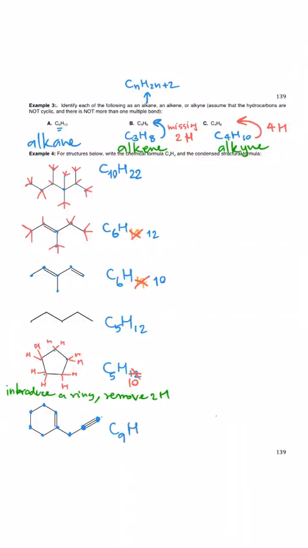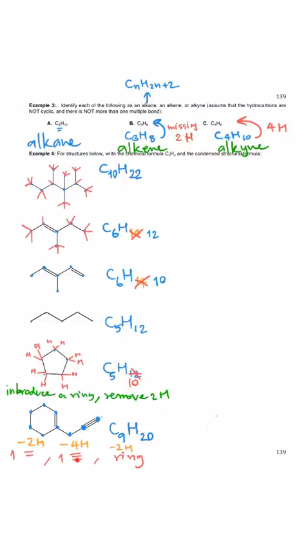How many hydrogens then? Let's treat this as an alkane before we remove hydrogens. If this were an alkane, it would be C9H, 9 times 2 is 18, 18 plus 2 is 20. It would be C9H20. But this is not going to be C9H20 because we have a double bond, a triple bond, and a ring structure. Every time a double bond is introduced, we need to remove 2 hydrogens.